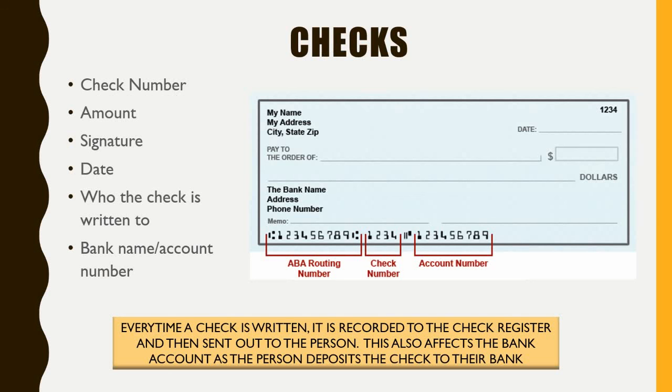So in this case, we talked about checks. We understand that there are 5 components to making a check valid. You need the person's name, and the most important thing is going to be the date that you are going to allow this person to cash out.